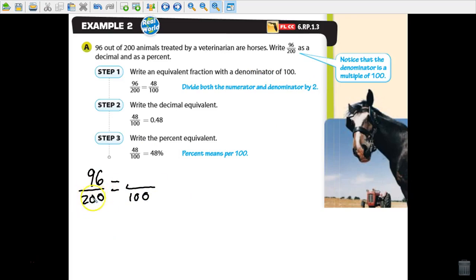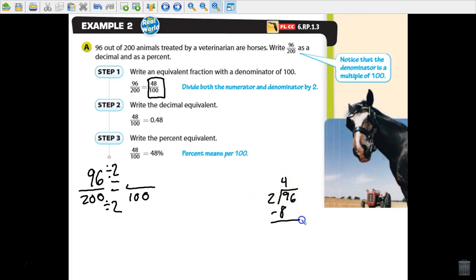How do I get from 200 to 100? That's right, divided by 2. So whatever I do to the bottom, I must do to the top. But if you guys don't know, I could do long division. 2 goes into 9 4 times.